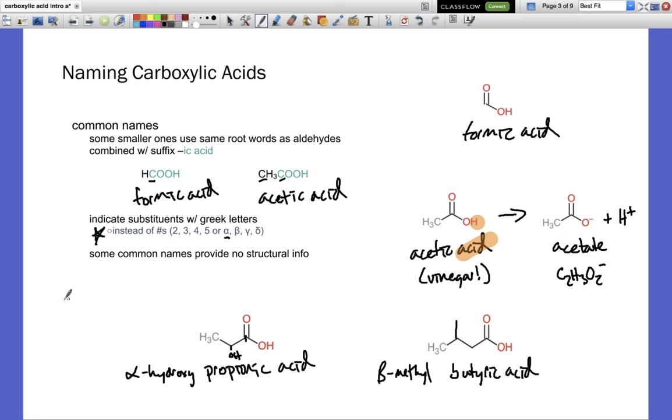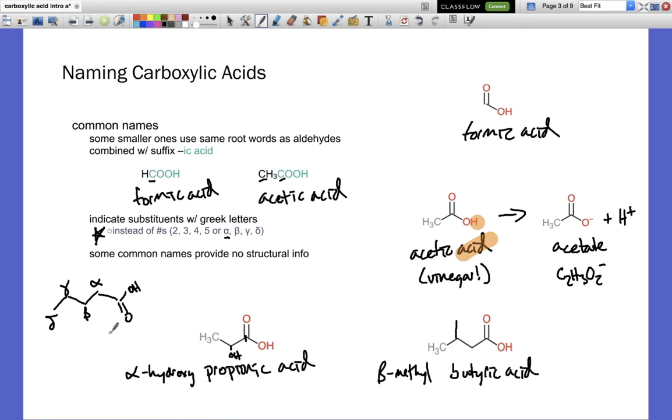Again, if I had a chain long enough, right, I could have up to 4 options possibly, but we're actually never going to make one this long because you don't even know a prefix for a common name that's 5 carbons long. We only went up to butyr. So really we just need the alpha, the beta, and the gamma positions, but obviously I could keep going further.